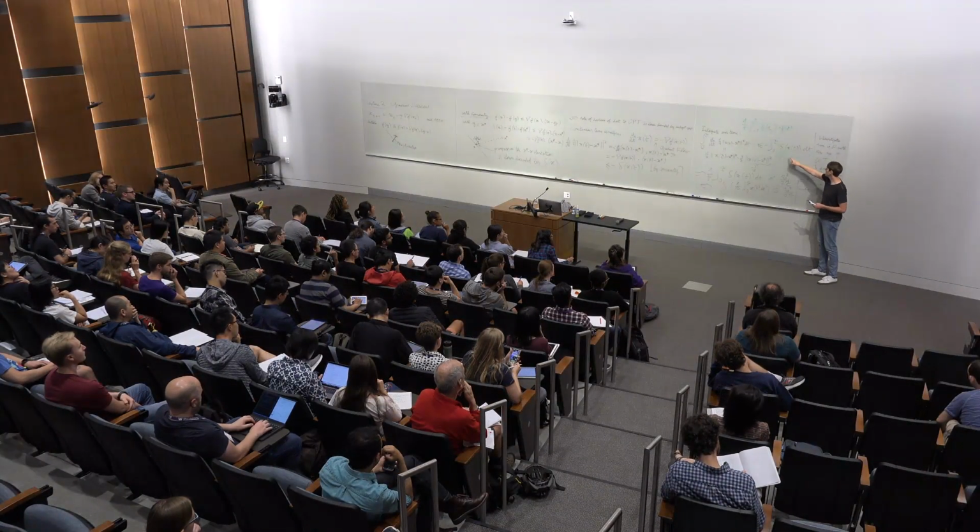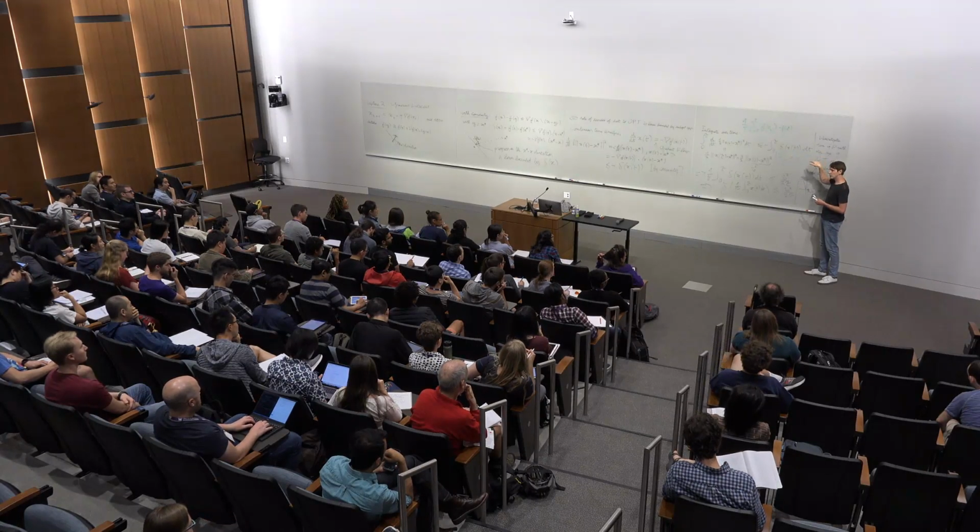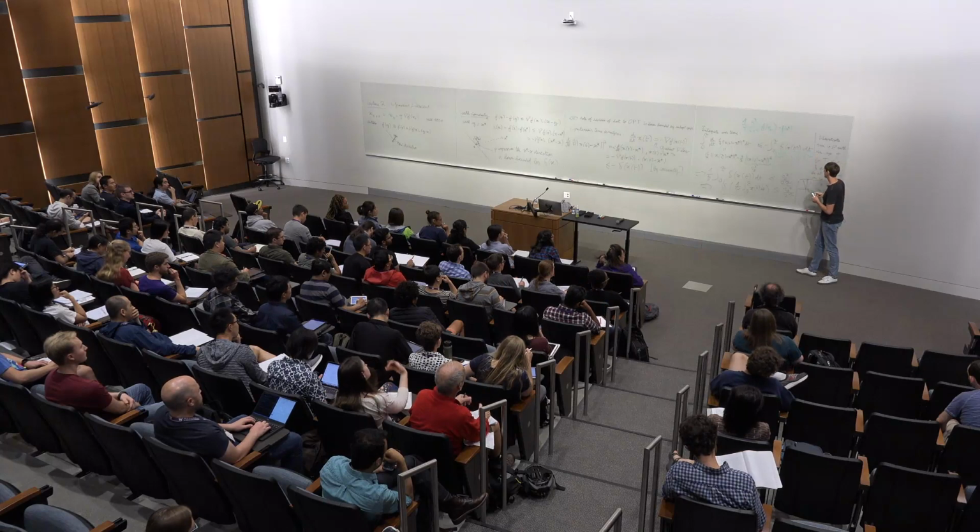When I optimize, you see I have a 1 over eta plus eta. So when I optimize, I get the geometric mean of those two things, the square root of the product.